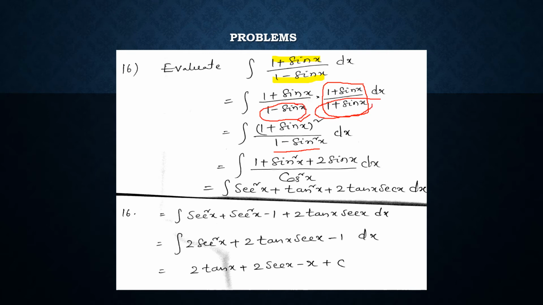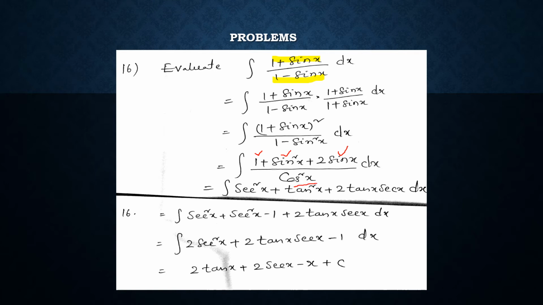Here in the numerator, 1 plus sin x whole square, by using the a plus b whole square formula, we can write it as 1 plus sin square x plus 2 sin x, divided by, we know that 1 minus sin square x can be written as cos square x dx.